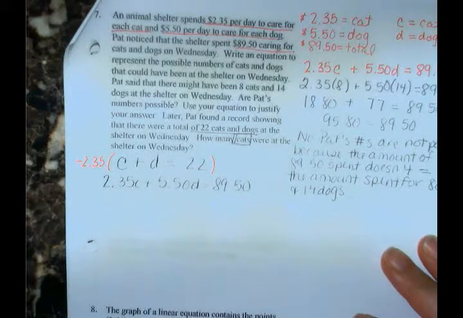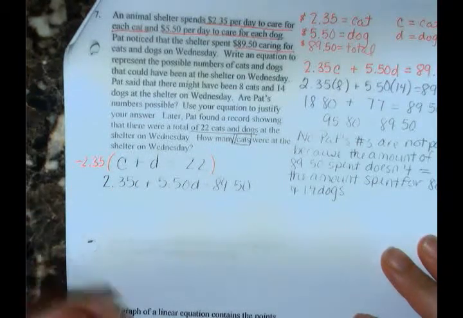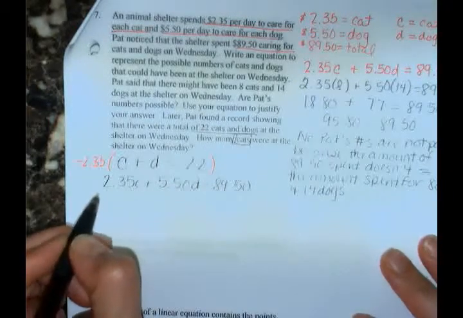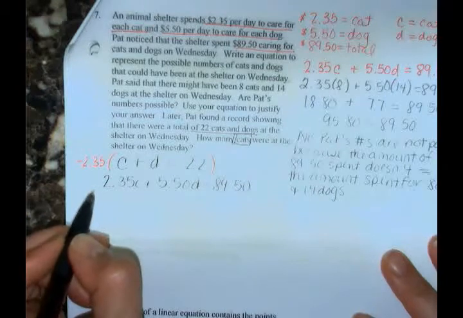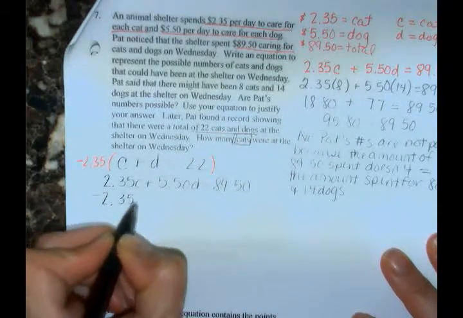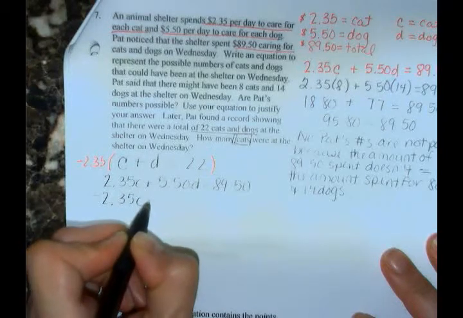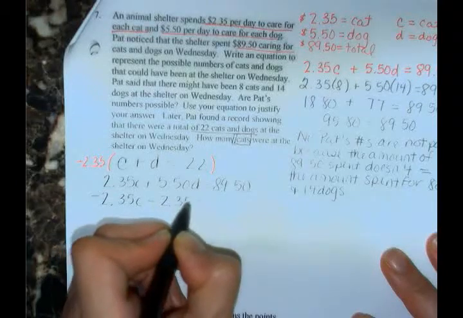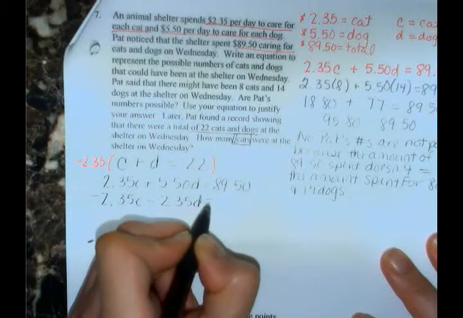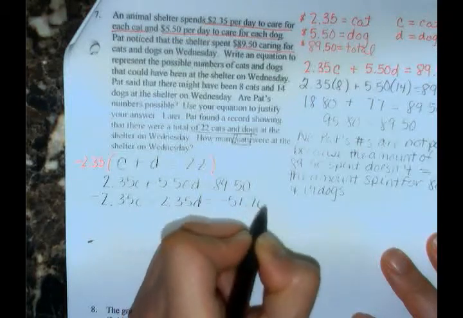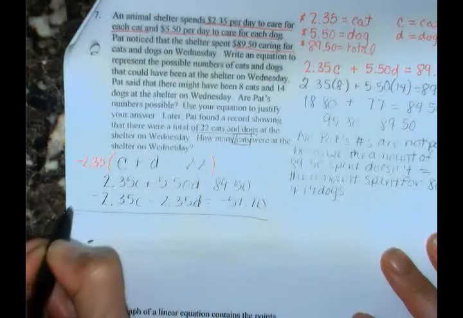We need to make sure that we multiply every part of our equation by that negative 2.35. And when I do that, I end up with negative 2.35C minus 2.35D equals negative 51.70.